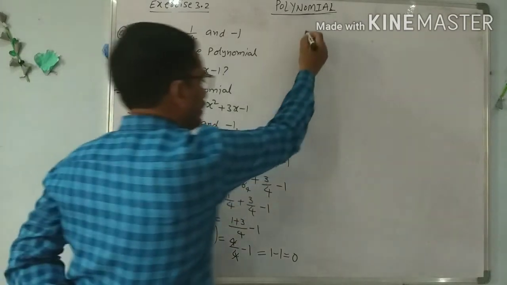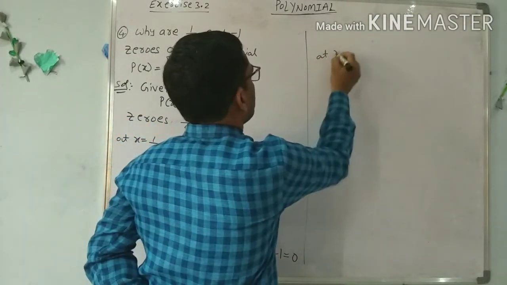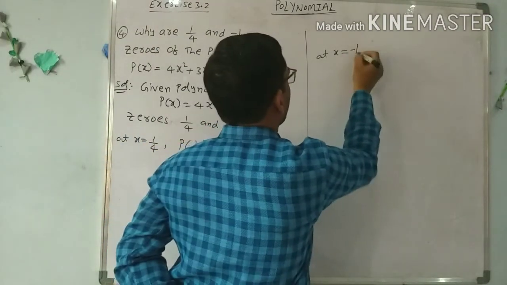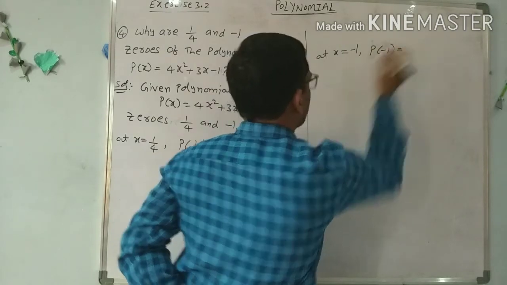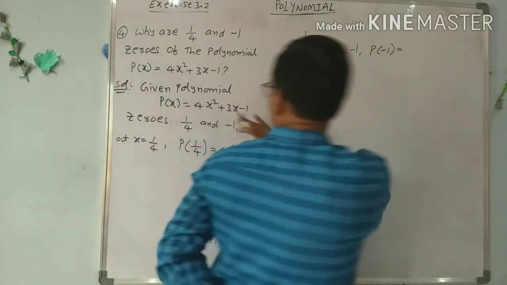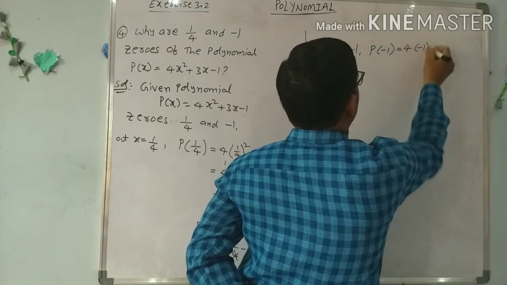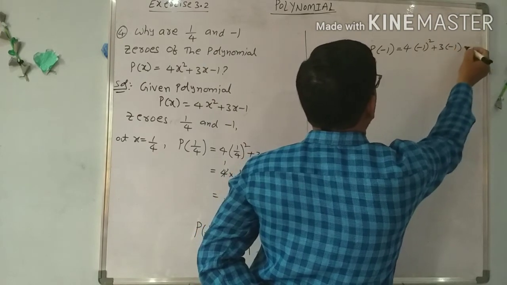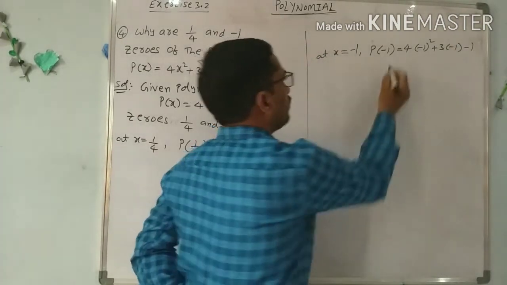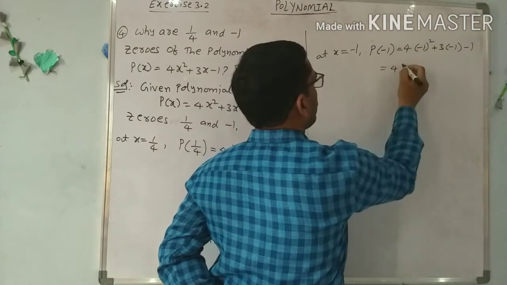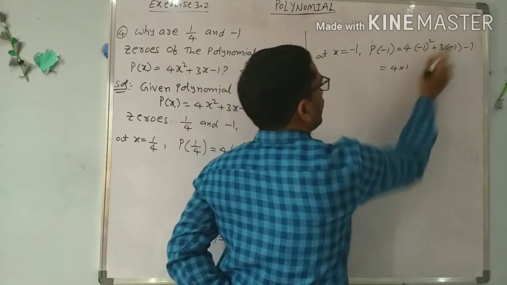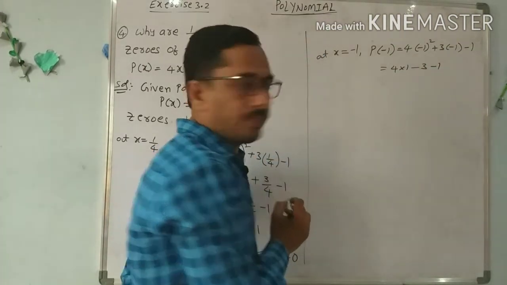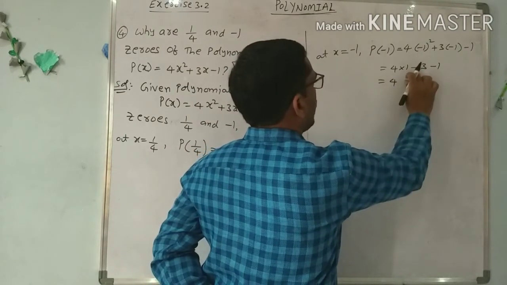In the same way, find out at x equal to minus 1, second value. At x equal to minus 1, find out p of minus 1 value by substituting x equal to minus 1 in the right side. 4 into minus 1 square plus 3 into minus 1 next to minus 1. 4 into minus 1 whole square value 1, plus 3 into minus 1 is minus 3, minus 1. 4 into 1 is 4, minus 3 minus 1.